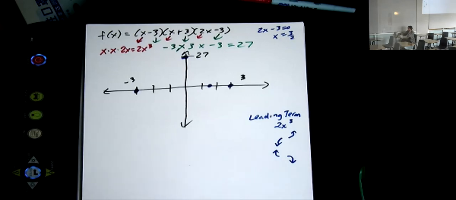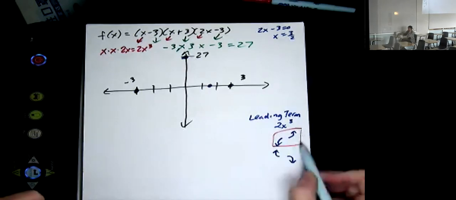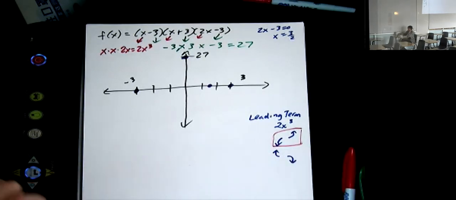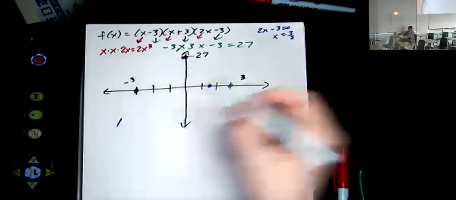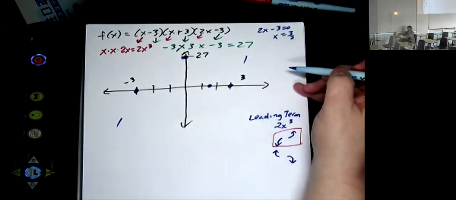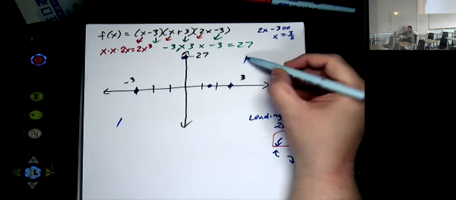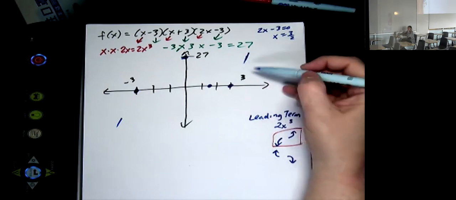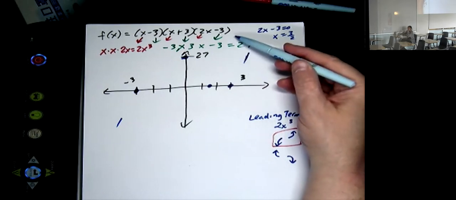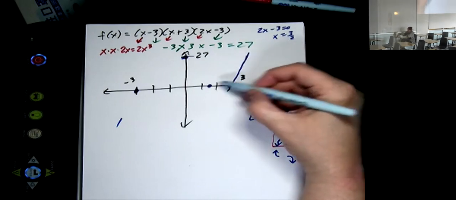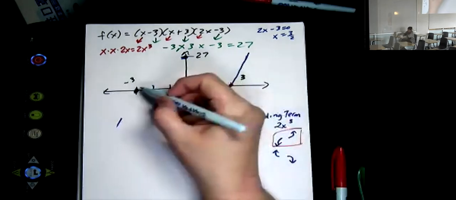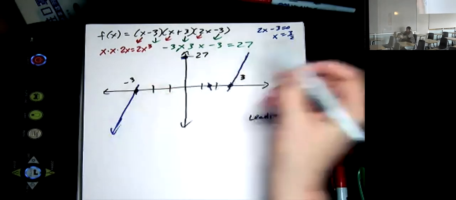Since it's positive, it's doing this one, which means I know it goes down on the left and up on the right. And each of these has a multiplicity of 1, so they just cross. It's going to cross there, there, and there.